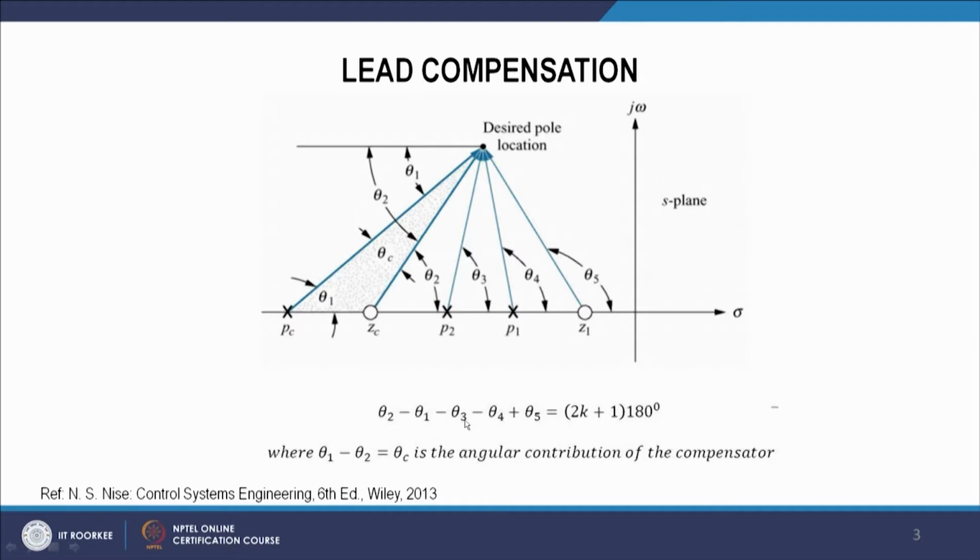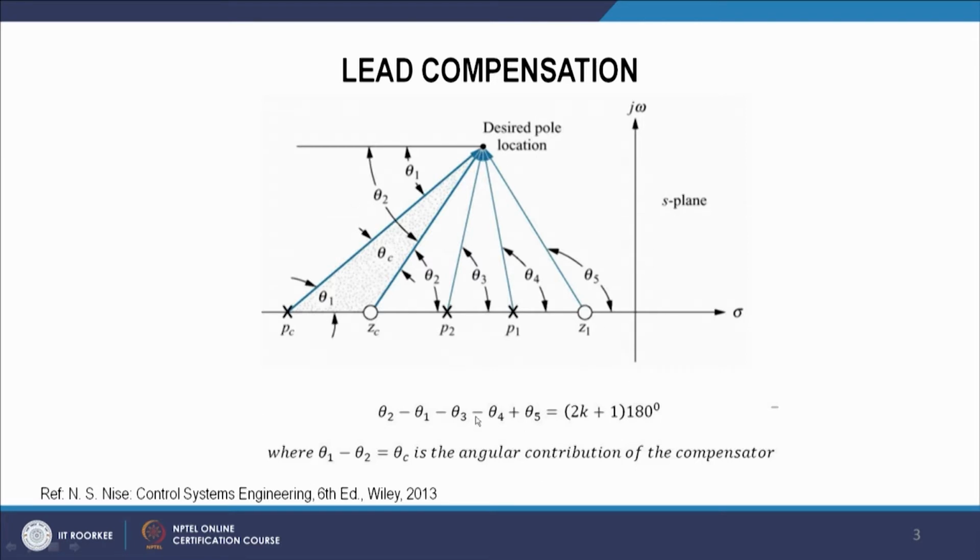The total is not 180 degrees, but there is some difference, and that difference is fulfilled by putting a pole at the location that satisfies the angle condition for the desired pole location.